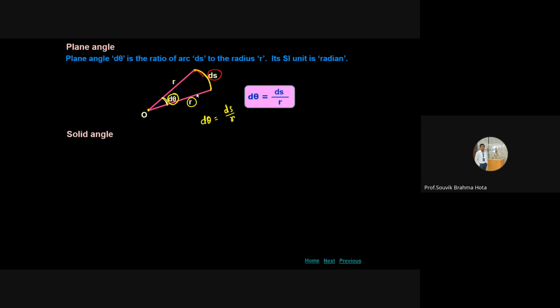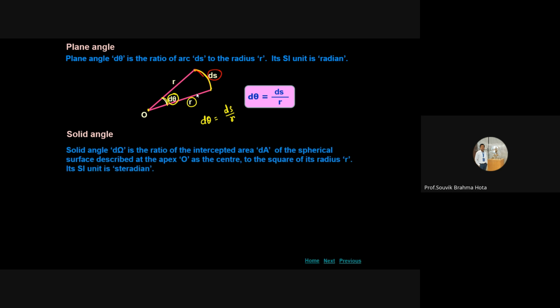Solid angle is denoted by this symbol, and it is the ratio of the intercepted area dA of a spherical surface, with the apex O as the center, to the square of r.